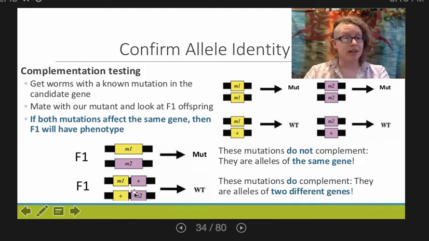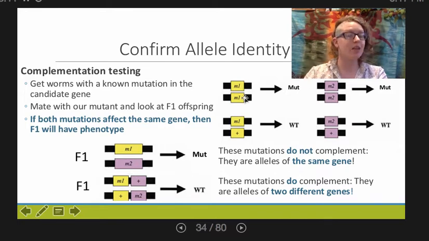However, if they don't affect the same gene, you're going to see complementation. Complementation just means that if this orange gene is different from this purple gene, then the worms here that are mutant for the orange gene are going to have a wild type copy of the purple gene. And these worms here that are mutant for the purple gene are going to have a wild type version of the orange gene.